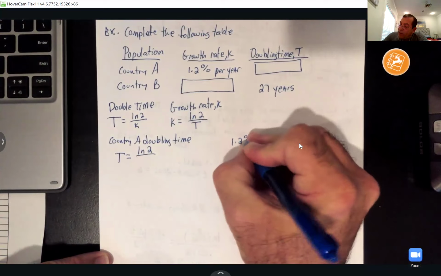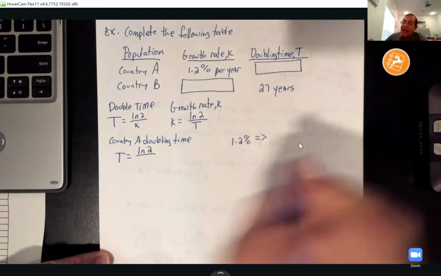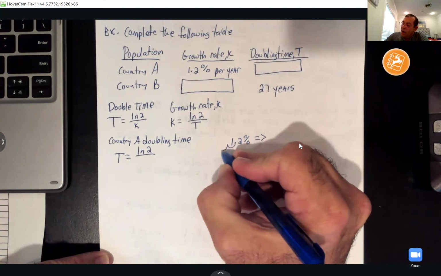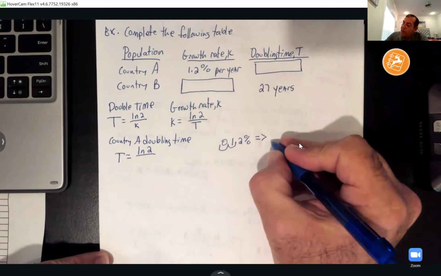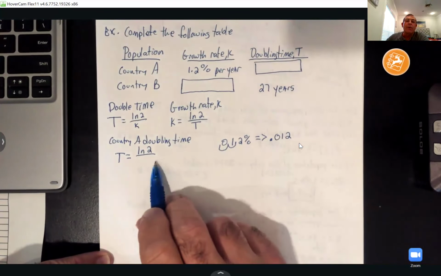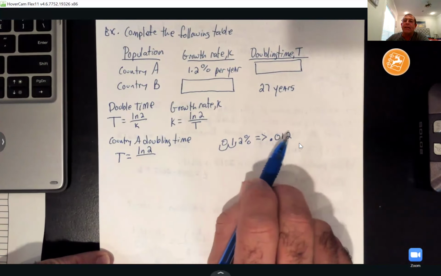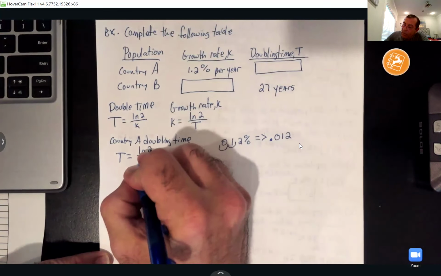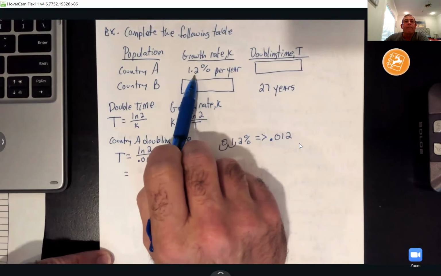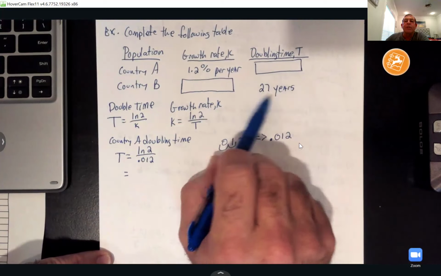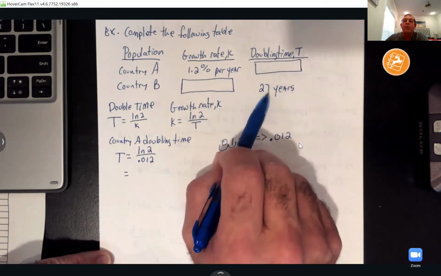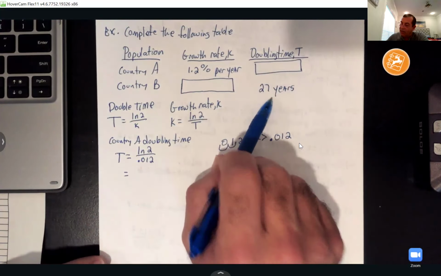That 1.2% has to be turned into a decimal. So we're going to move that left twice, which gives us 0.012. Remember, in the formulas, you have to use decimal form. Now notice, the doubling time is in years, so they're going to want us to round the doubling time to the nearest year, okay?